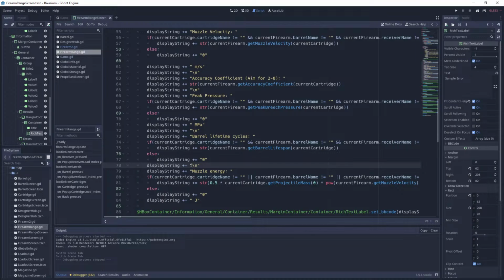Okay, so now that we have this, we can properly use the system. So, and then we can, let's see the max or the barrel spread first.